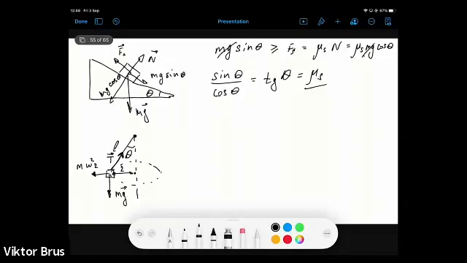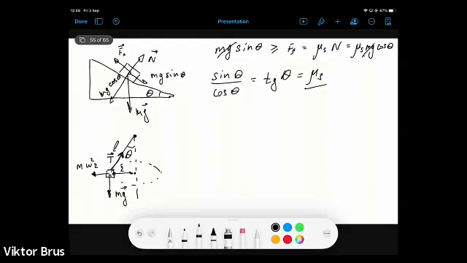So now we want to know which parameters will define this angle theta. And also we have this given angular velocity, omega, besides other parameters.